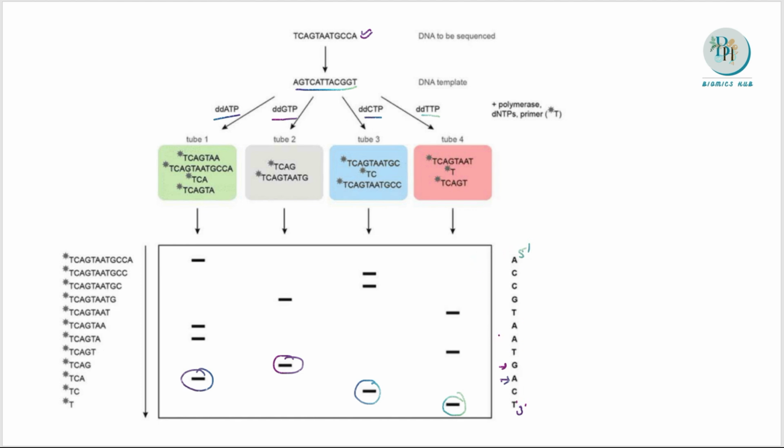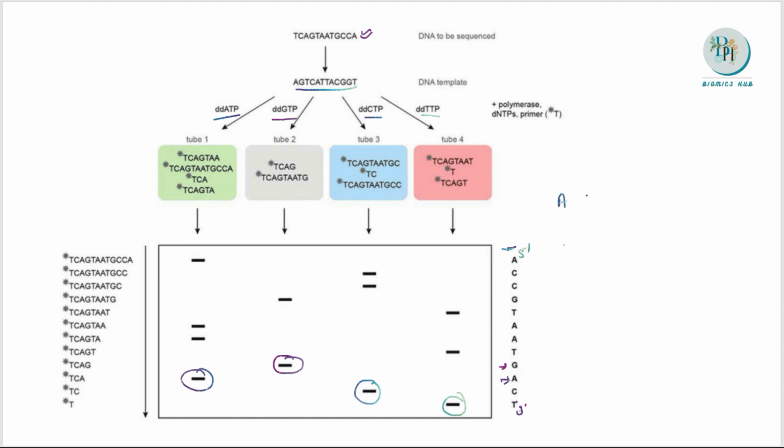As we have discussed, the strand which we are getting in this gel is not the original sequence of the DNA. It is a complementary sequence. Okay, let us now write the sequence of the DNA.